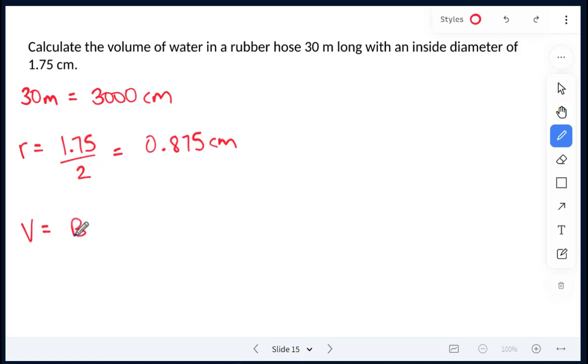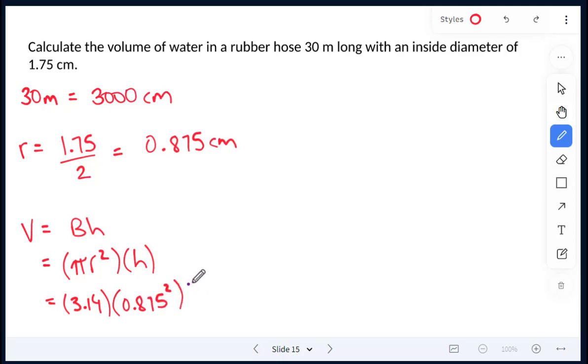So volume is area of the base multiplied by height. So pi r squared multiplied by height. So 3.14 times 0.875, that is squared, and our height we're using 3,000 centimeters.